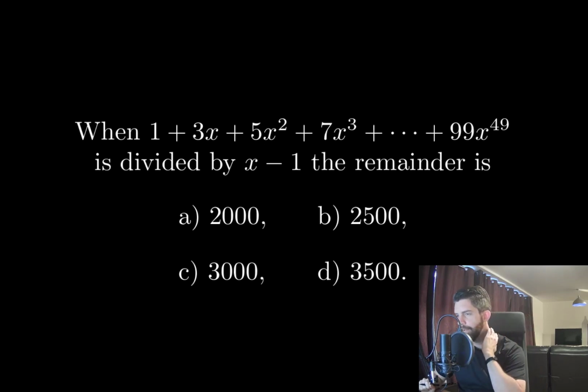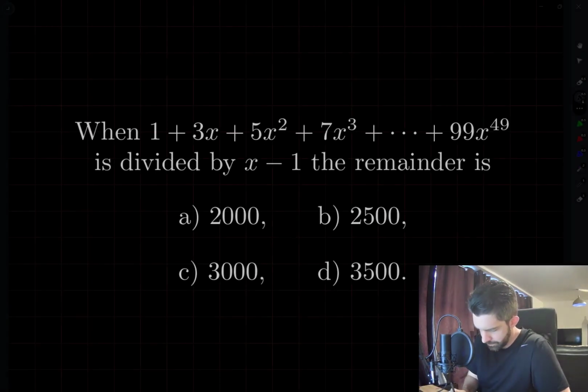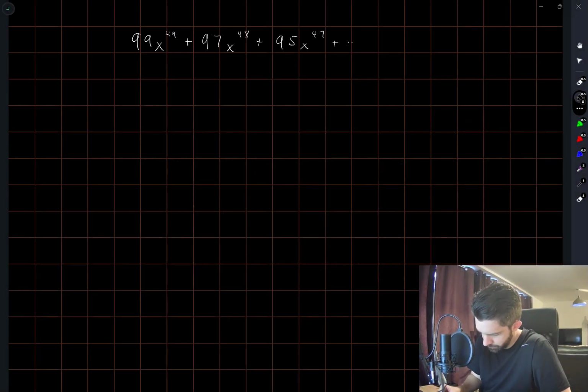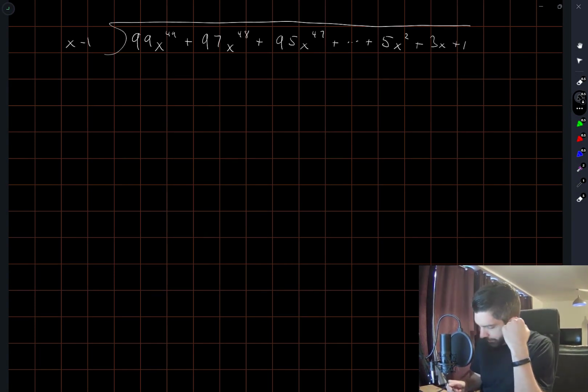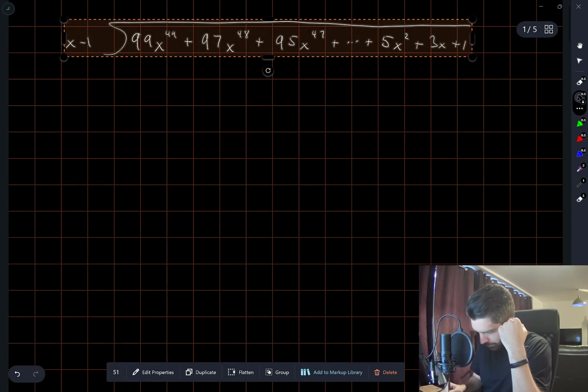Given that there's a pattern in the original polynomial, I'm hoping that there will be a quick pattern that we can identify in the computations for the long division. And we'll just see what happens there. Now I have to try and remember exactly how to do polynomial long division.